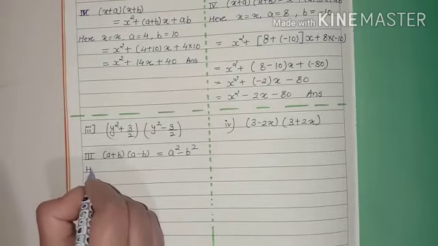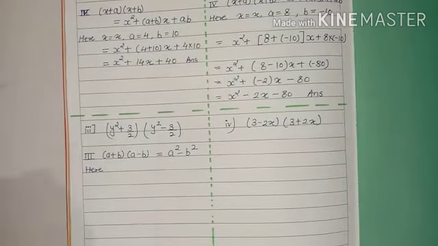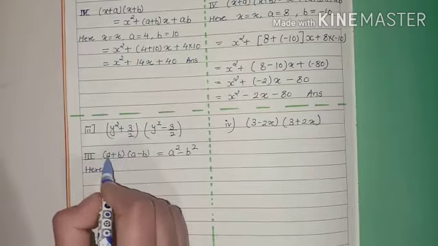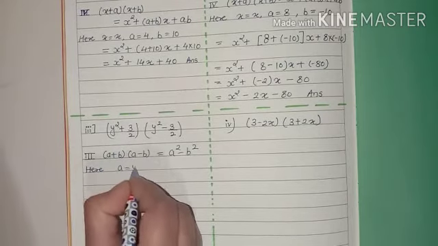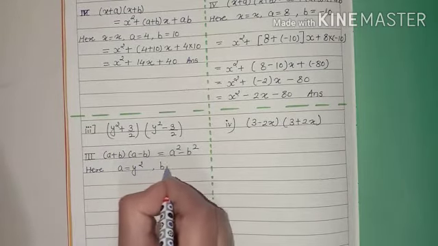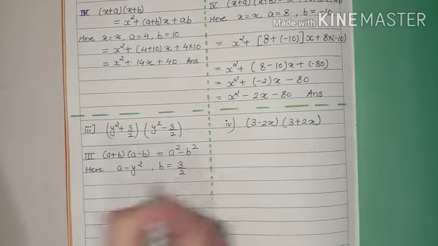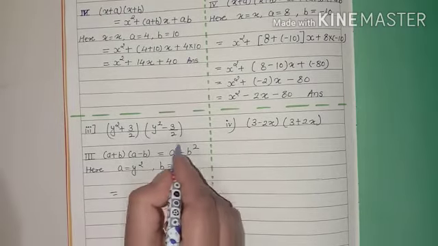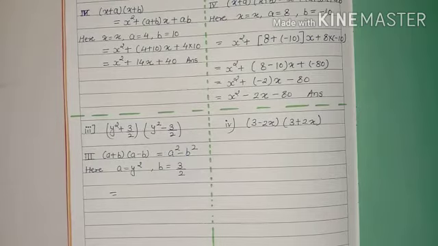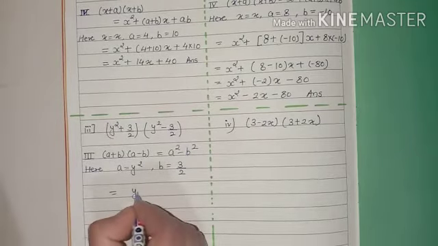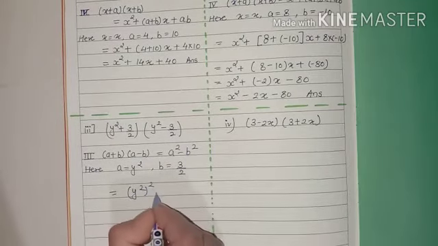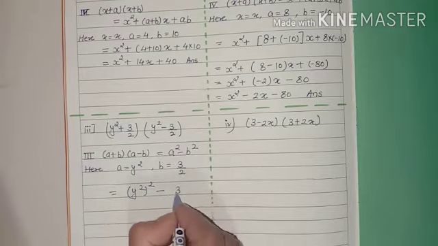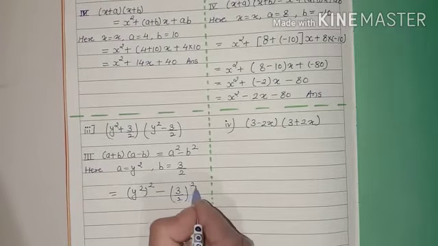Again we will compare and find the values of a and b. The value of a is y² and the value of b is 3/2. On the right hand side we will substitute the values of a and b.